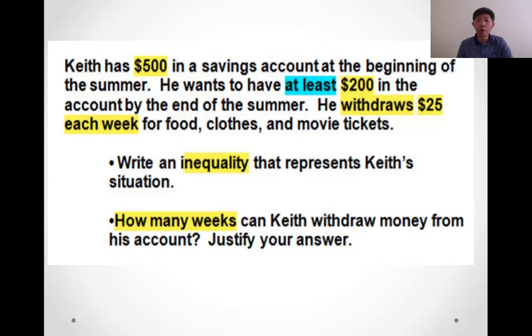This is a real world problem, and it helps students know how we apply inequality for daily life. Okay. So now, write an inequality that represents Keith's situation. All right. And how many weeks can Keith withdraw money from his account? Justify your answer, right? So how do we write an inequality like this, okay?